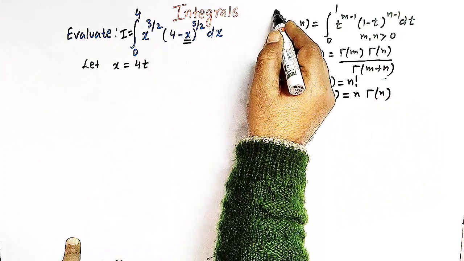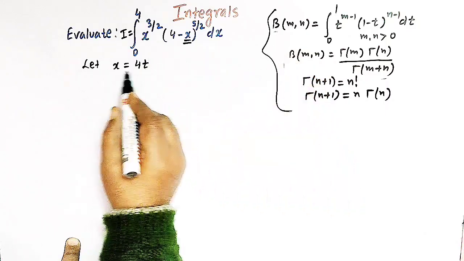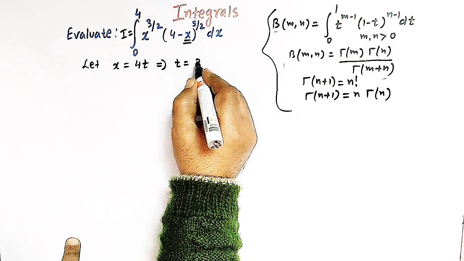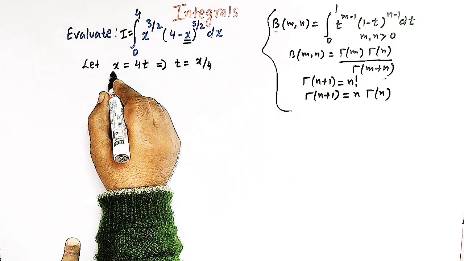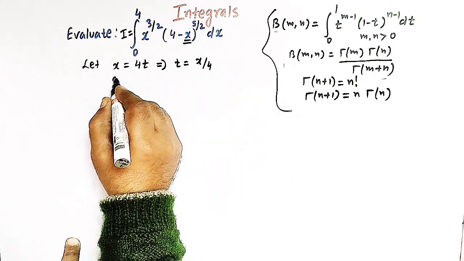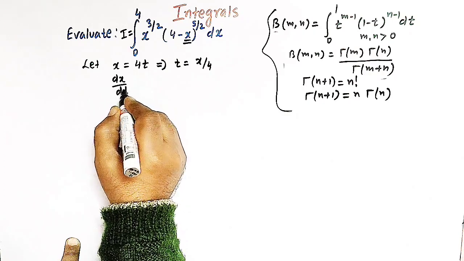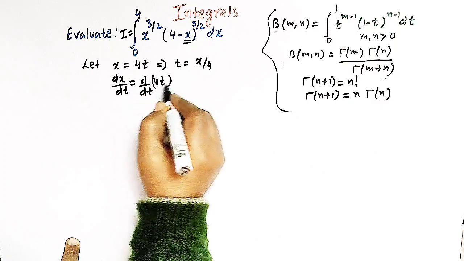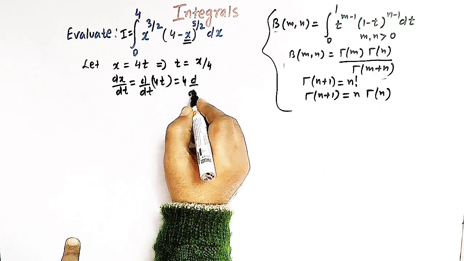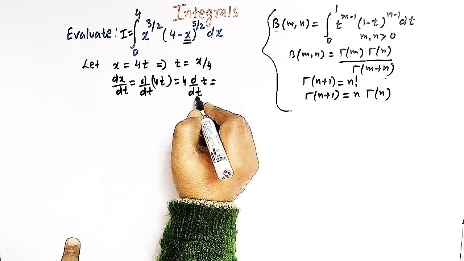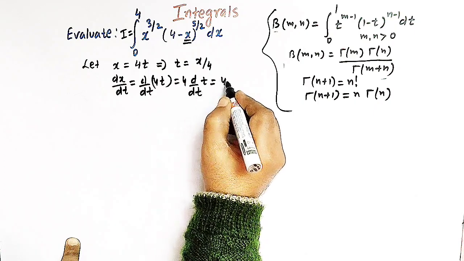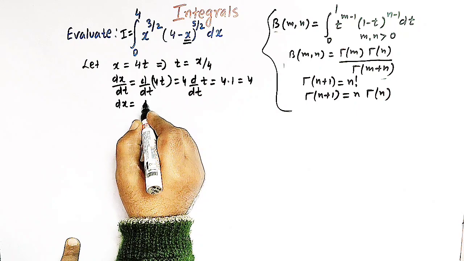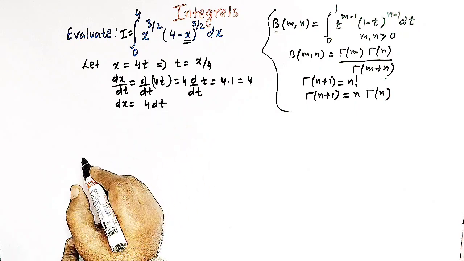So let us make this substitution. So here x is equal to 4t, so t can be written as x over 4. Now let us differentiate x with respect to t. So we can now write dx over dt is d by dt of 4t, and we have 4 times the derivative of t, and derivative of t with respect to t is 1, so we have 4. So now dx can be written as 4 times dt, right?